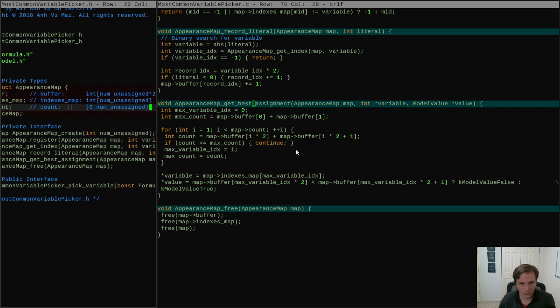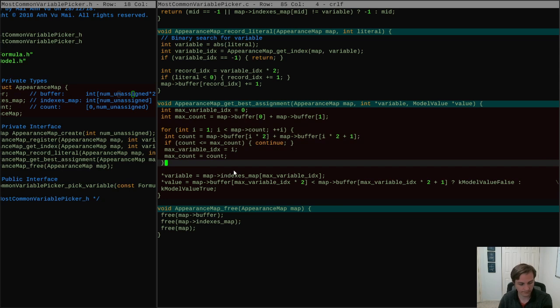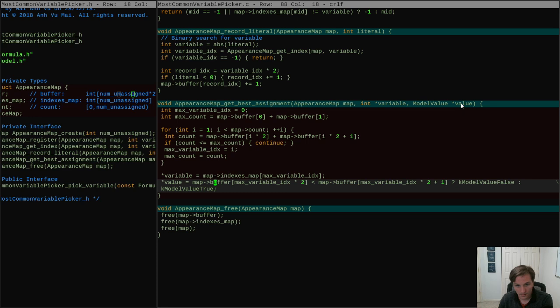And so as we're looping over this count, we're looking at each of these pairs, and it looks like we're just saying add those up. So take each pair, take the sum of them. Whichever pair has the largest sum wins the max count competition. And so at the end, we take the max variable index and the max count.